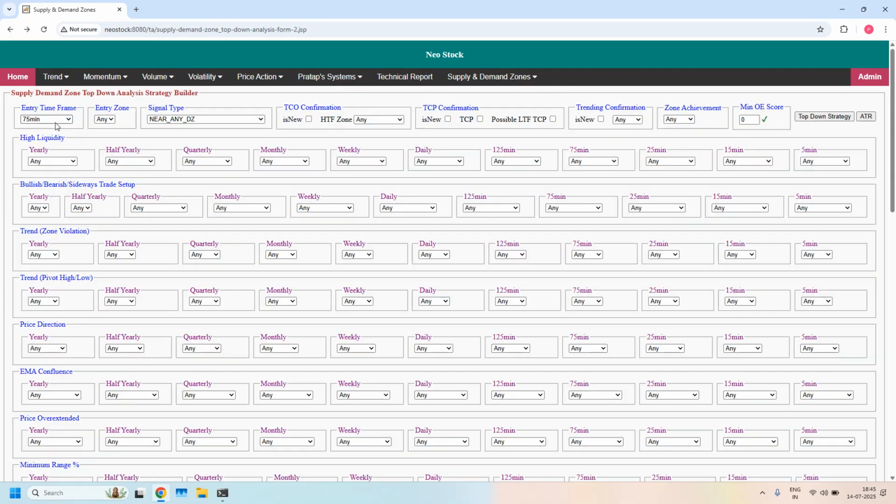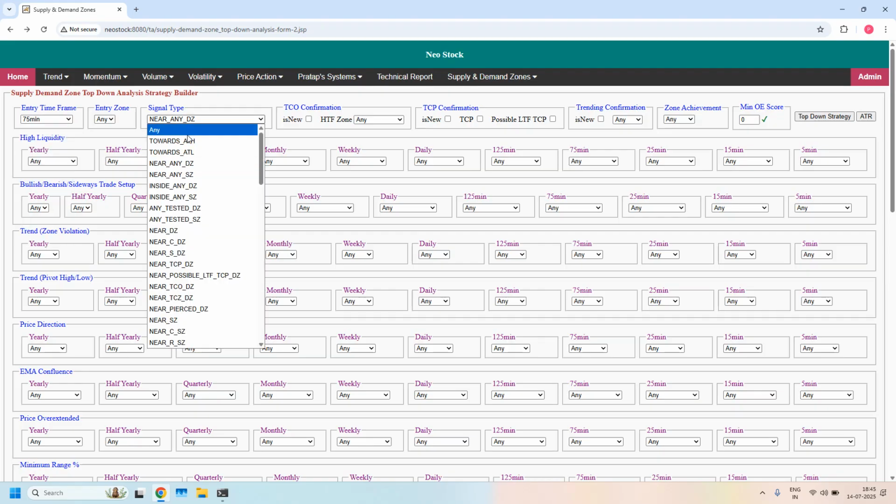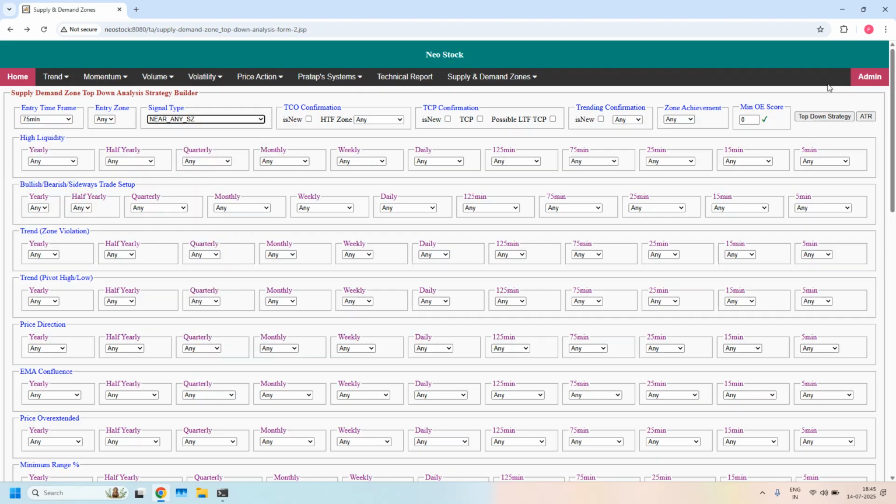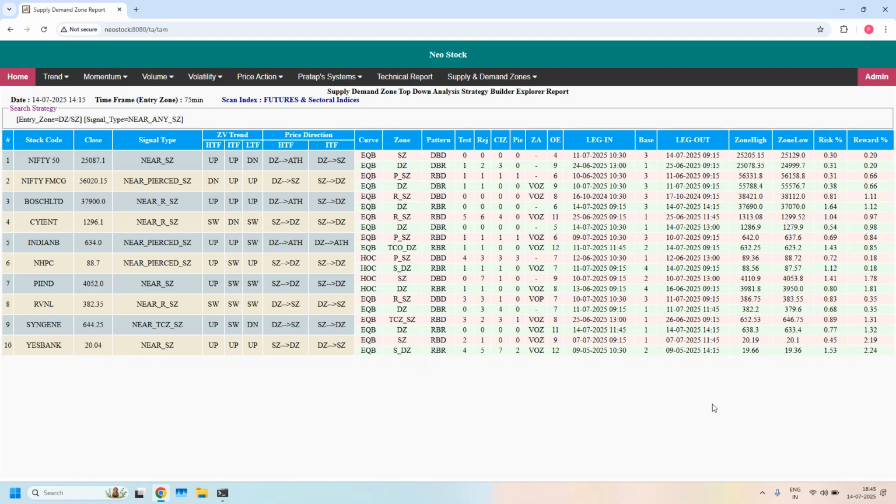Okay, next, for the 75 minutes time frame, stocks near the 75 minutes supply zone, we got 10 stocks. Let us identify 75 minutes high liquidity supply zones from this list. Bullish is having a 75 minutes high liquidity supply zone.